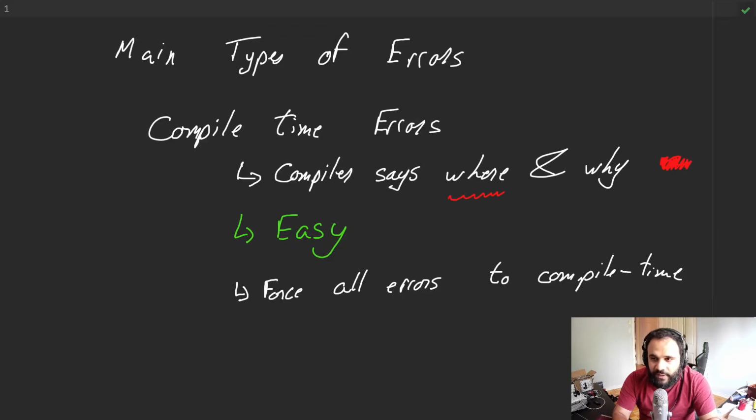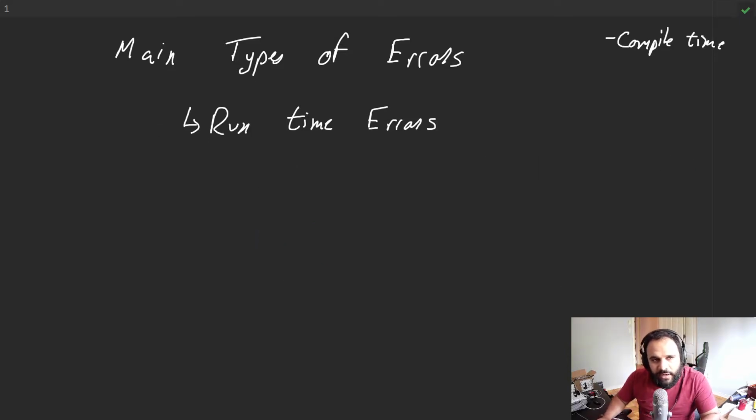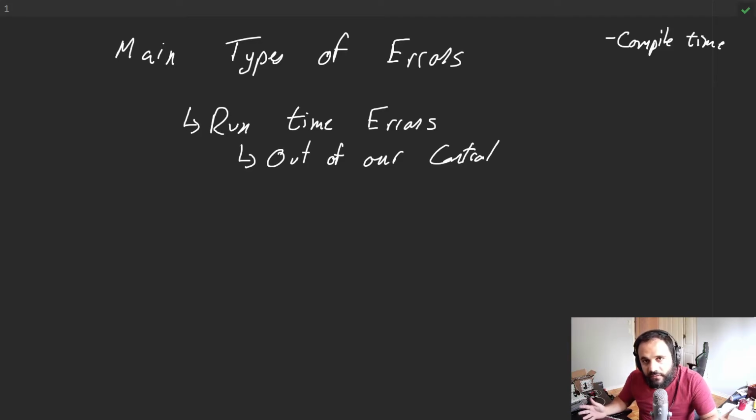Now, that's for compile time. The next type of error is runtime errors. These are basically things that happen, but we can't really stop them. So we have to manage them. These are out of our control. A good example of this is you're transferring some information from the software to our server and the internet of the user cuts off. We can't really know when the connection is going to cut off.